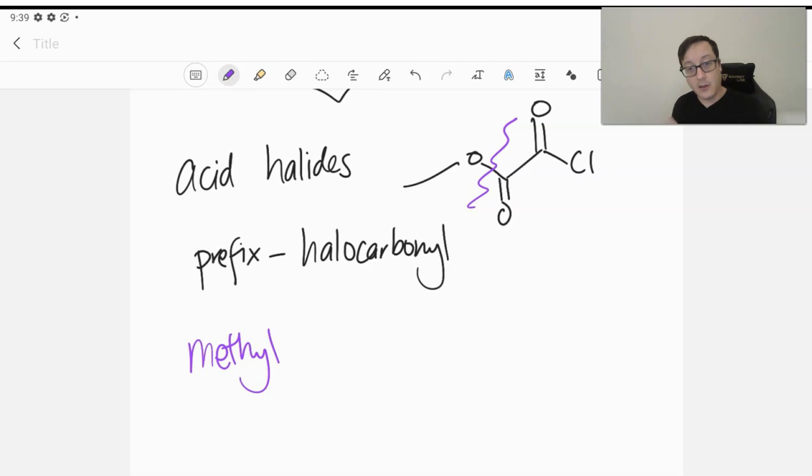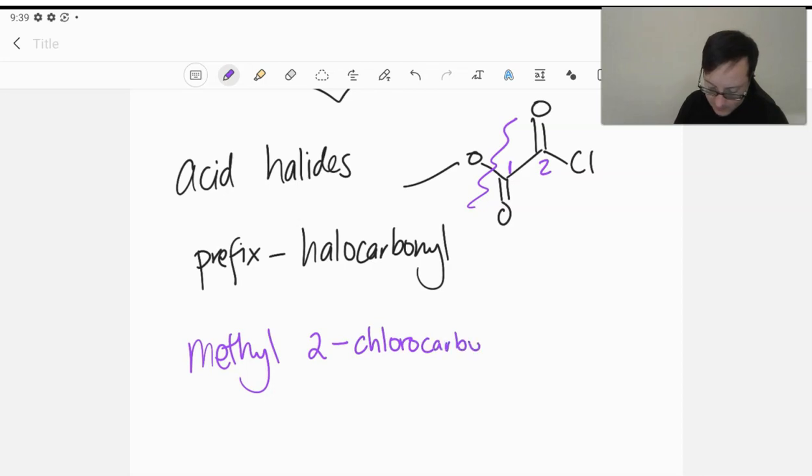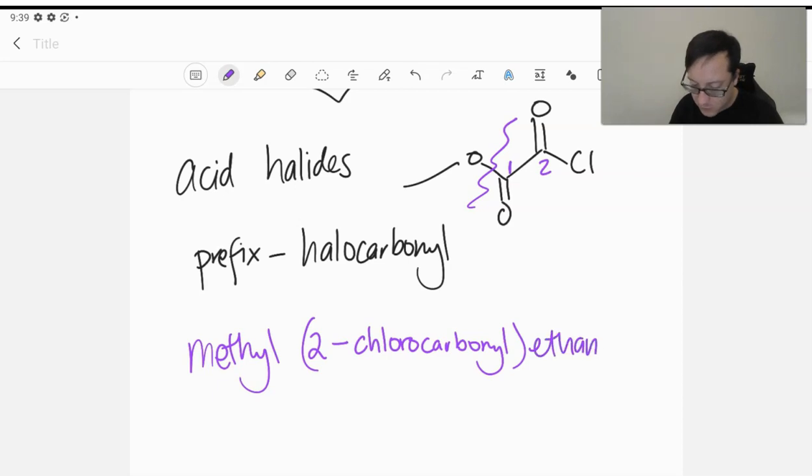On the other side, carbon 1 is going to be your ester carbon, your highest priority carbon. So on carbon 2, we have 2-chlorocarbonyl, and then we will have the parent name, which will be the ethanoate again, because we have 2 carbons there.